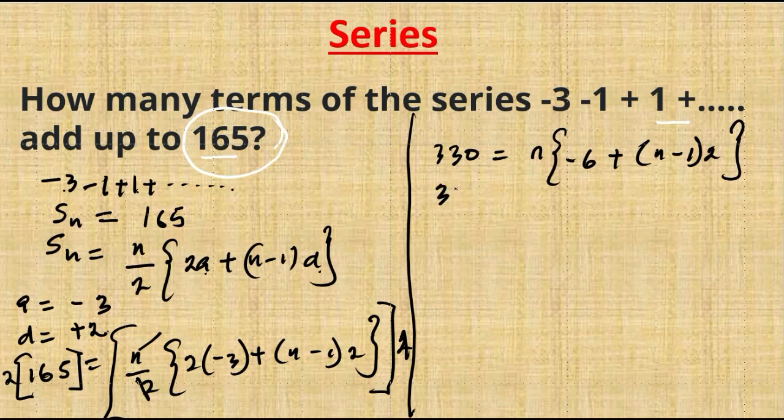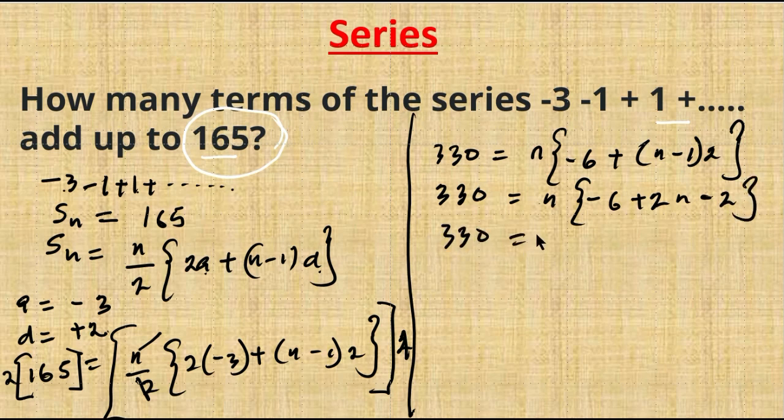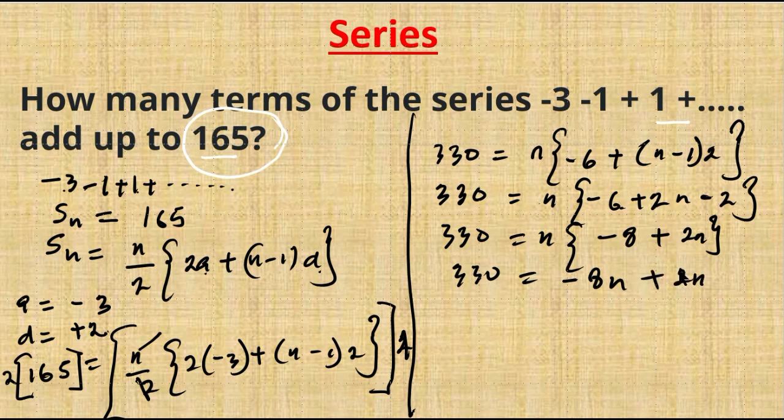So my equation becomes 330 equals n into -6 plus 2n minus 2. So that 330 is equal to n into -6 minus 2, that's -8, plus 2n. So I can now open this bracket, so that 330 will be equal to -8n plus 2n squared.